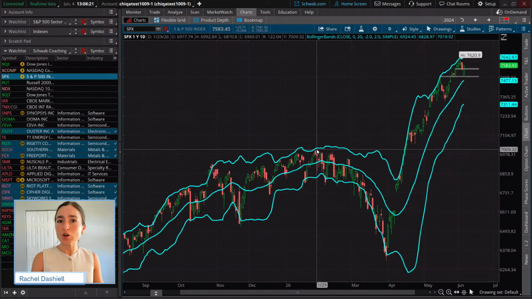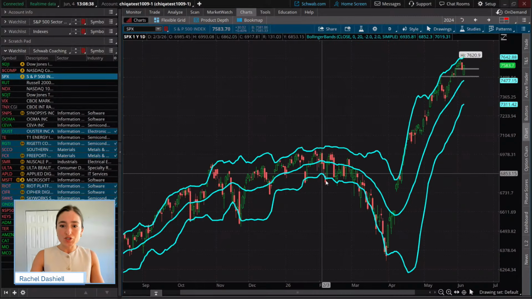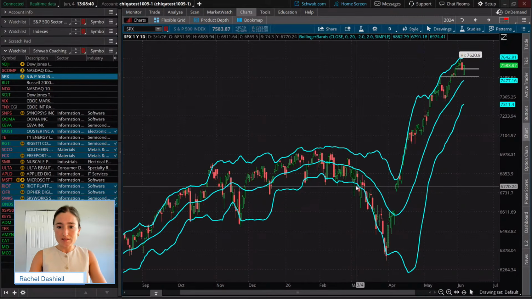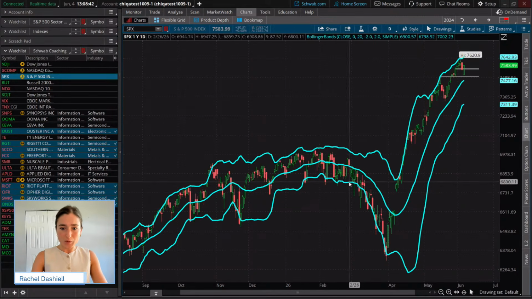So they're not looking for crosses through those bands. They're looking for price to just reach the upper part of the bands or the lower part of the bands, and that's where they're going to take their positions because they're going to expect price to revert back to the average or to the mean, which again, is what we saw in this sideways trend where we had a lot of chop at the start of the year.